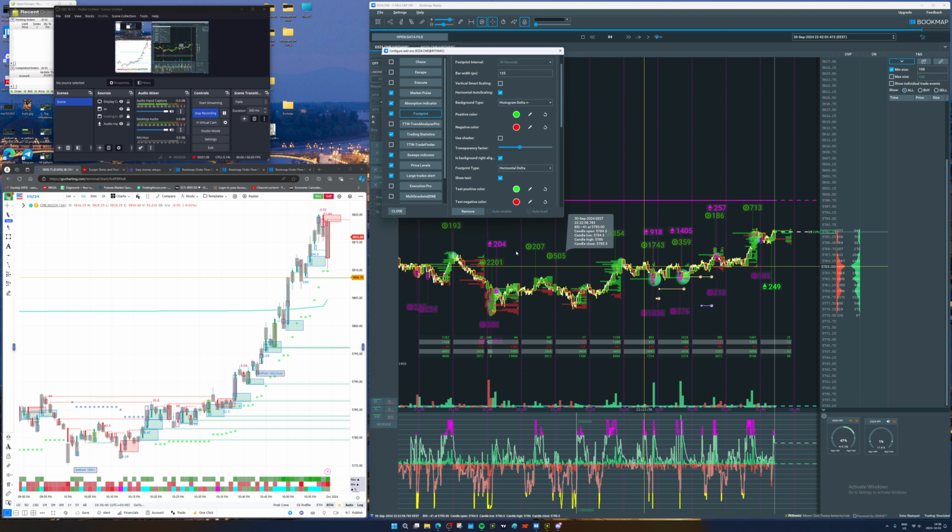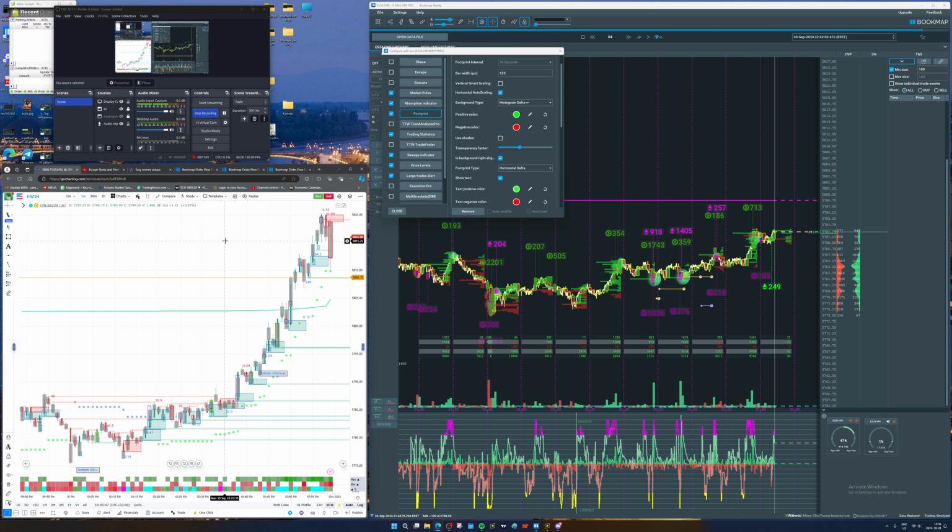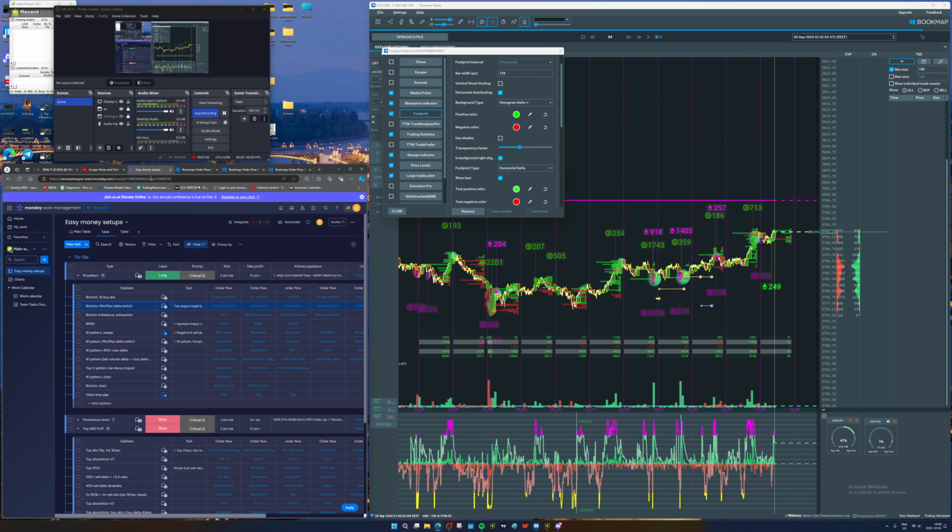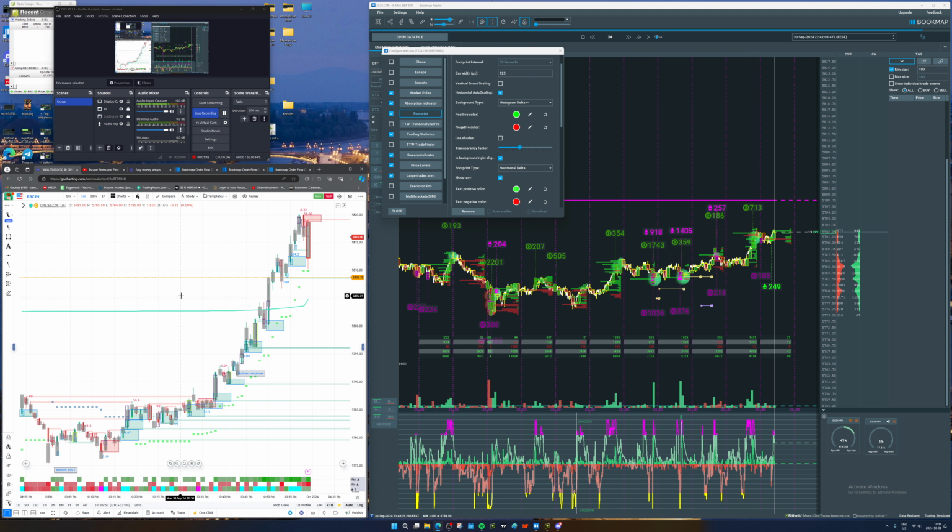And this is one of my trades from my playbook. In the beginning I'm going to show you a few examples and what I'm looking for, and then go to the playbook map and show you what I saw.